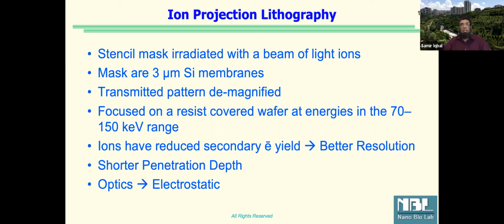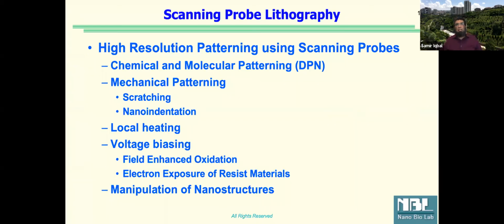All right, so this was more on where you would use light or a similar concept like light, but instead of light, we are using electrons or ions. Then there is this concept, what we call scanning probe lithography. This is again something related to AFM or atomic force microscope, which we have another micro lecture on that posted.